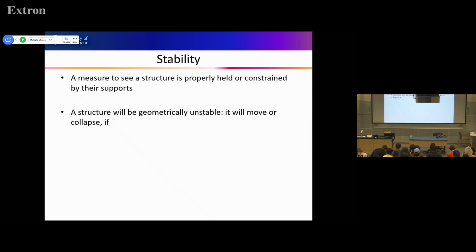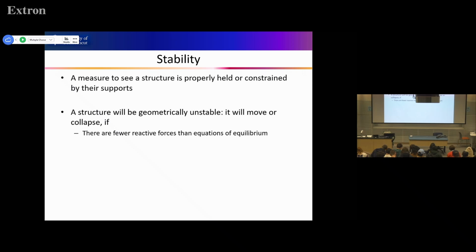Okay. And then some examples: a structure will be geometrically unstable, then it will move and collapse, if there are fewer reactive forces than equations of equilibrium. That means if we have 2 reactions or 1 reaction, then unstable.